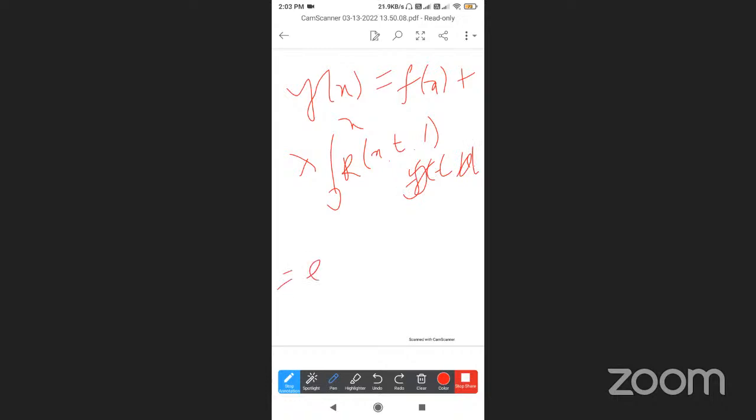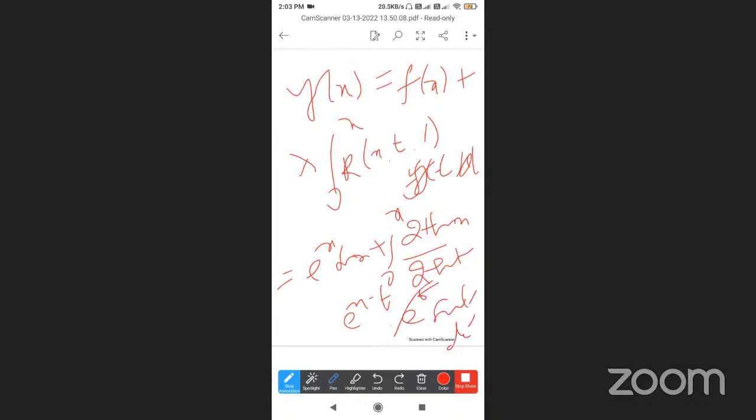What is f of x? f of x is e power of x sin x. So y of x is e power of x sin x plus lambda value 1, integral 0 to x, (2 plus cos x) by (2 plus cos t) into e power of (x minus t) into e power of t sin t dt.